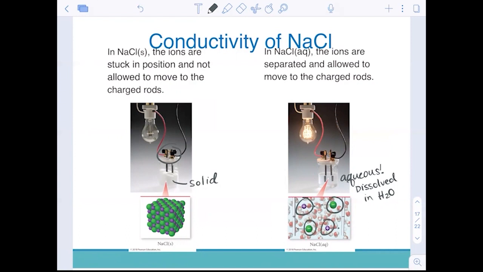And that breakup of the lattice structure is something very important that we'll discuss in a later unit, but it was predicted in Lewis structures. Ionic compounds, when they are solid, are locked in the lattice structure. When those ionic compounds are allowed to dissolve in water, the ions are allowed to break up and commingle with the water molecules, and therefore they can conduct electricity.